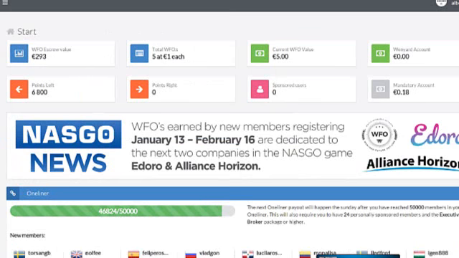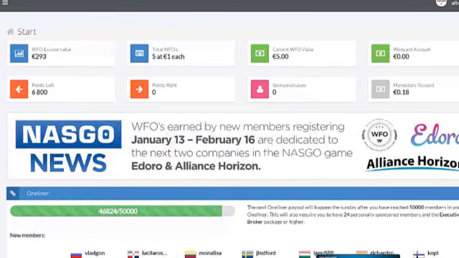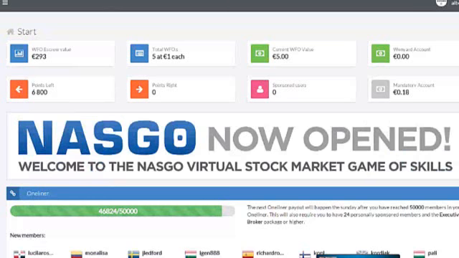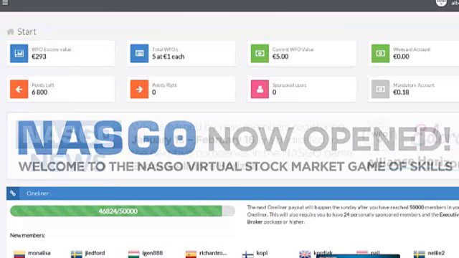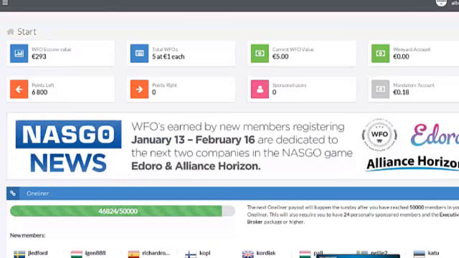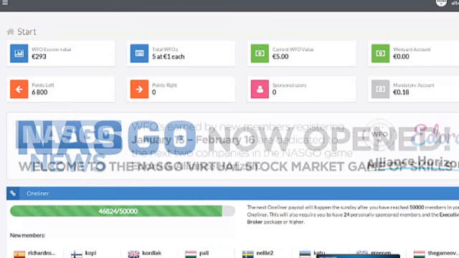The news is important to look at every day. Basically, you have 4 different bonuses, and this lists all of them down here, and you can get individual information on each bonus. And of course, the stock market, which is called NASCO, and that's a stock market game that you can use to invest into companies that are already operating on the system.